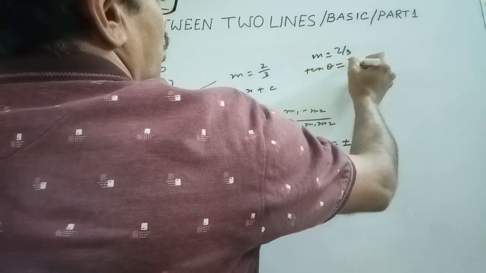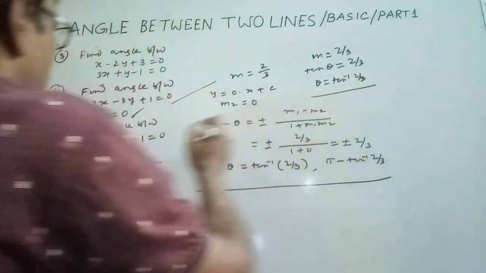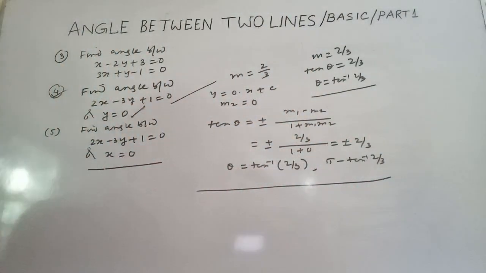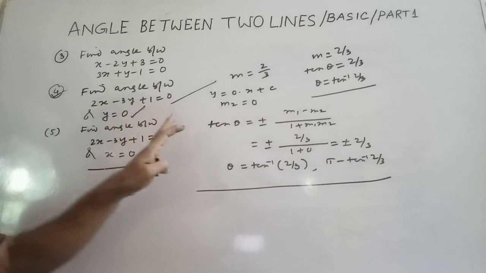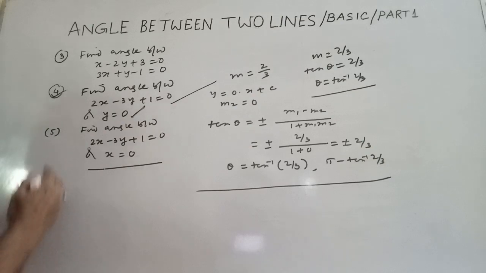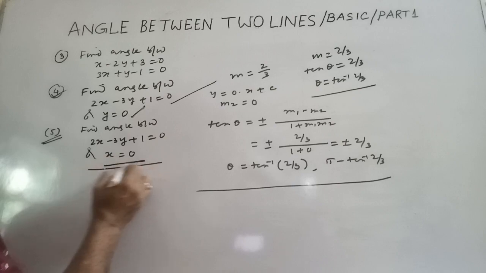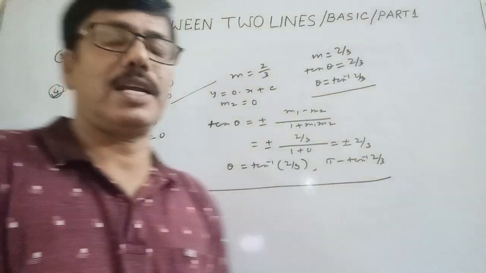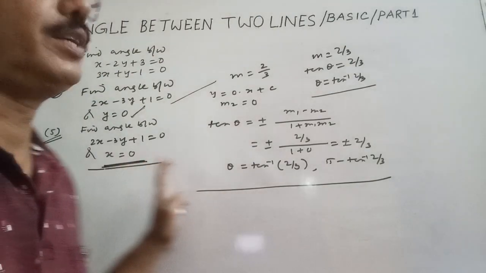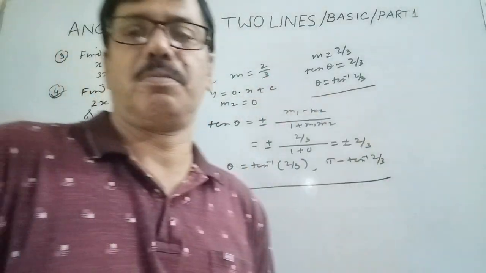So the slope is 2 by 3, and the angle of inclination is tan inverse 2 by 3. Mind it, if it is y equals 0, then it is the angle between the line and the x-axis, so you find the angle of inclination. For the second one, the angle between the line and the y-axis, in the same case you find the angle between the line and the x-axis and subtract it from pi by 2.